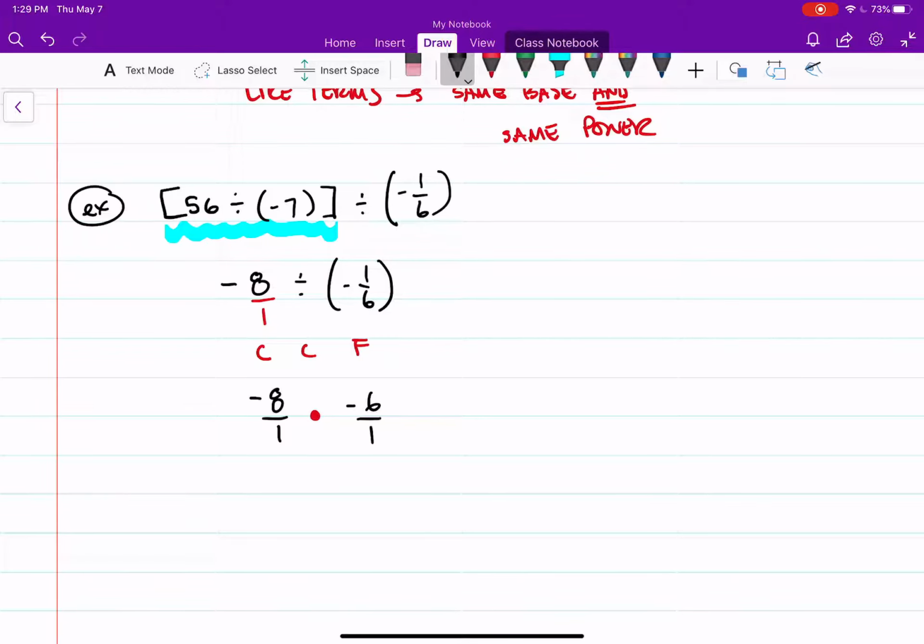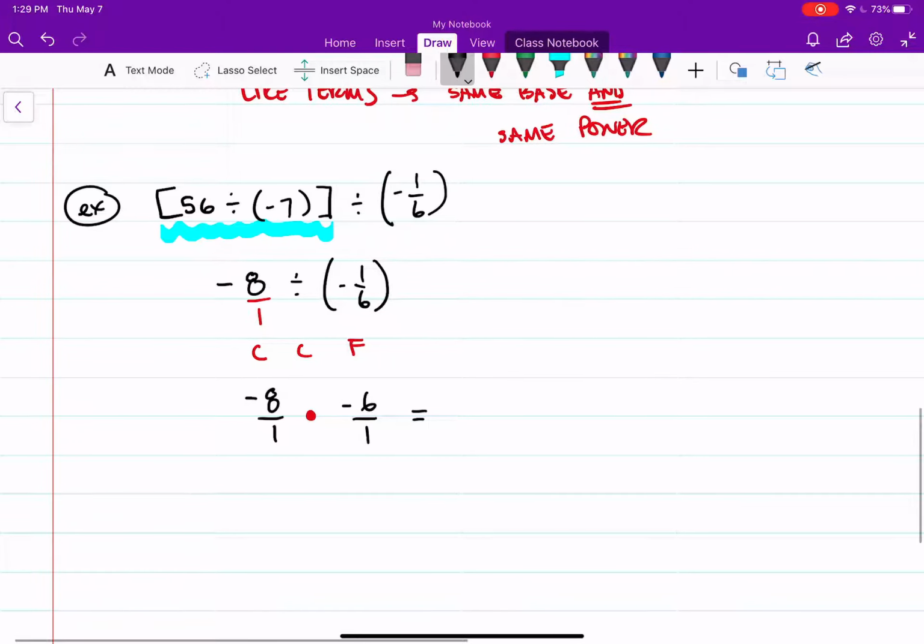Okay, so there we go. So that means my result will be, again, both the same sign, both negative. So therefore, I'm going to get a positive 48. And there we go.